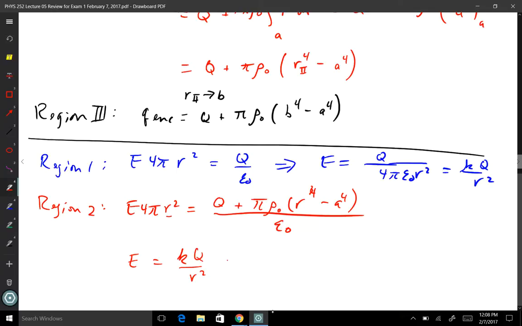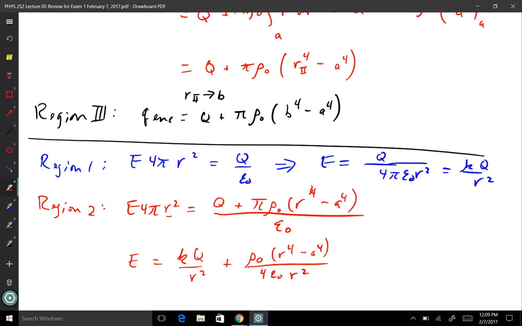And the second term gives me, my pi's are going to cancel. I'm going to leave the 4 in there. And yeah, you can multiply that r squared through. And you have one that's r squared, one that's 1 over r squared. But that's my electric field in region 2. And I actually usually am smart enough to put a region 2 marker there.